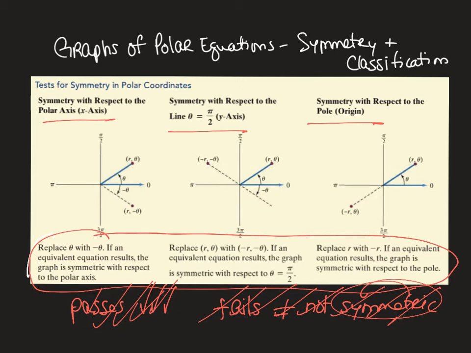Your polar axis is basically what you would think of as your x-axis. The line theta equals pi over 2 is what you would think of as your y-axis. And then the pole is what you would think of as your origin. When we go to check symmetry, we'll talk about that when we get there.